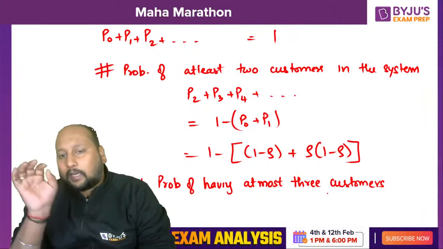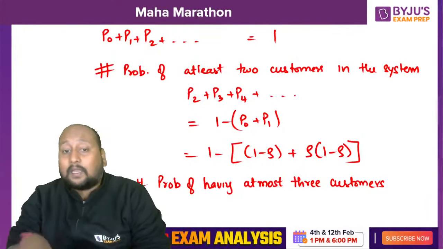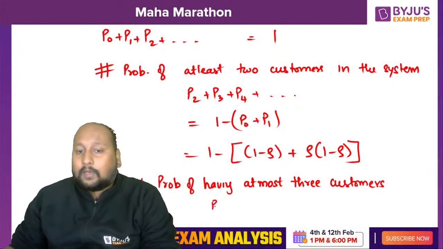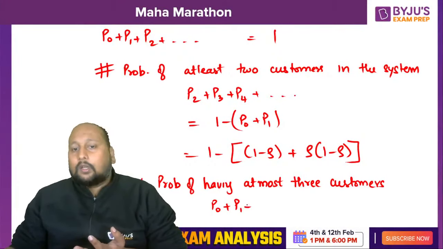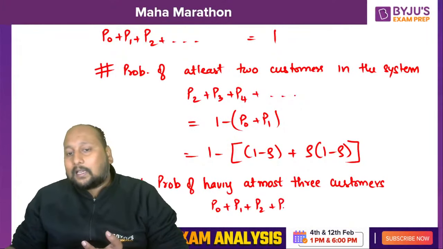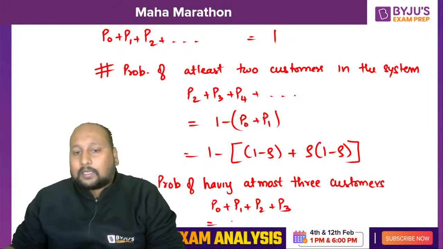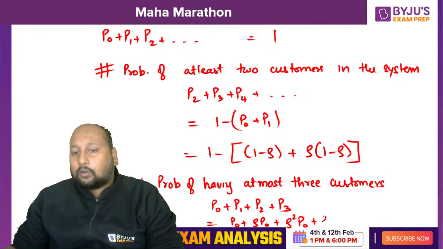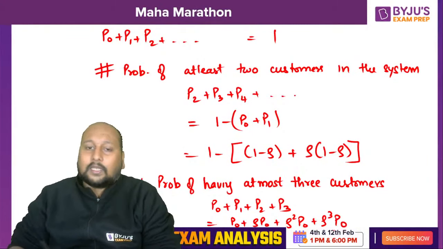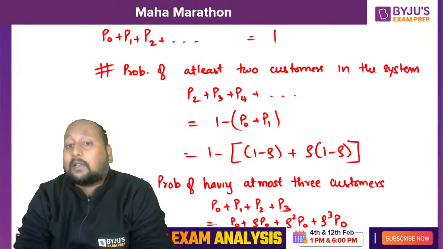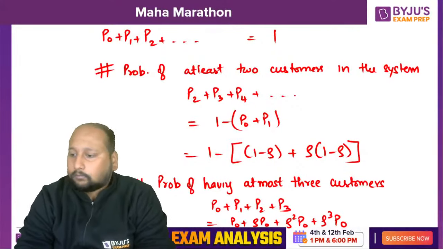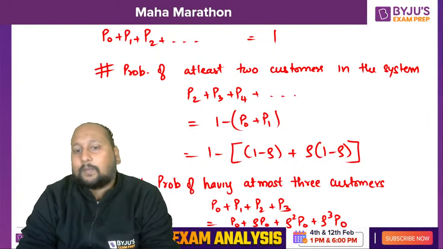That means I'm talking about P0 also. 0 customers is also valid, 1 customer or 2 customers or even 3 customers, right? So we can calculate this as P0 plus rho into P0 plus rho square into P0 plus rho cube into P0. Using this formulation, we can calculate the probability of having at most 3 customers in the system. Exactly: P0 plus P1 plus P2 plus P3.